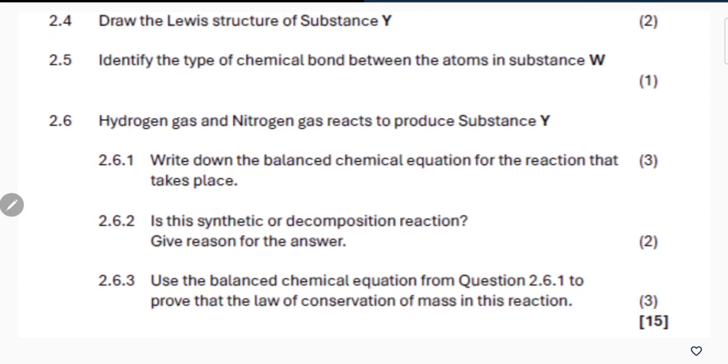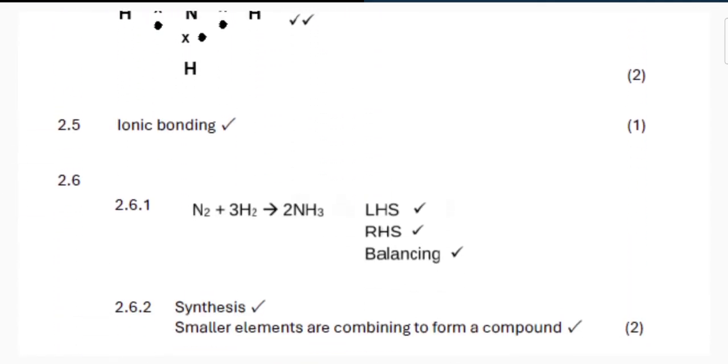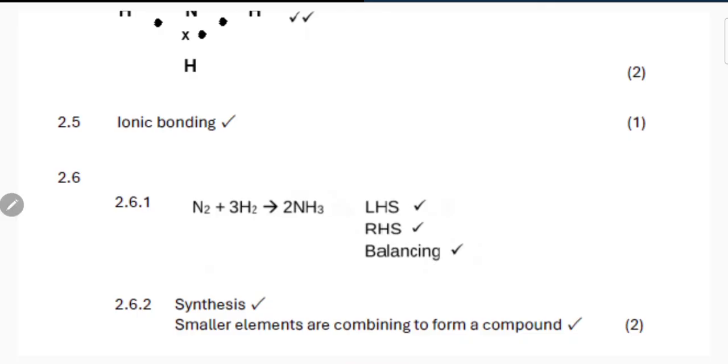Now what type of reaction is this one? It must be a synthesis reaction. Synthesis or decomposition? If I'm having NH3, then to get H2 and N2, it must be decomposition.